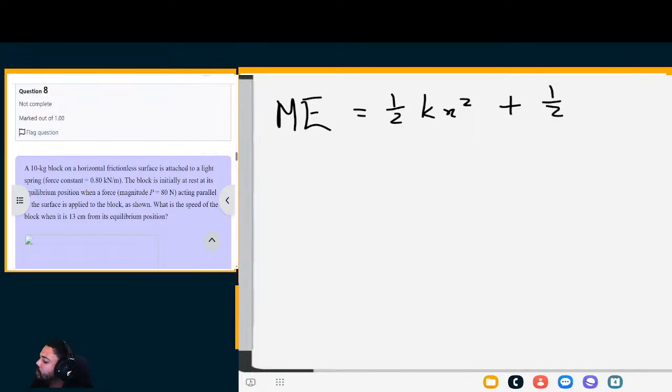Now the total mechanical energy is equal to the potential energy, which in this case is the spring potential energy, a half kx squared, plus the kinetic energy, a half mv squared.